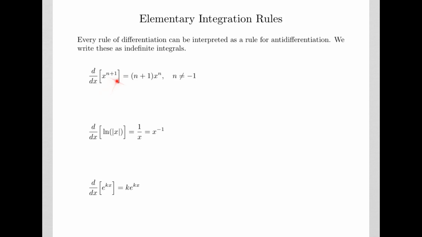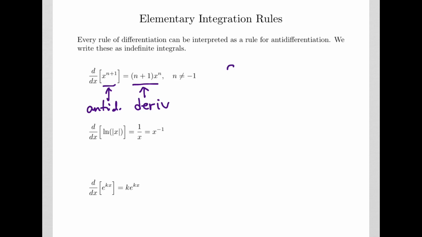First, we know how to differentiate a power of x. So if I take a derivative of x to the power n plus 1, I'll multiply by the power times x to the n. The idea of integrals is that this is the derivative, and what's inside what we differentiated, that's the antiderivative.